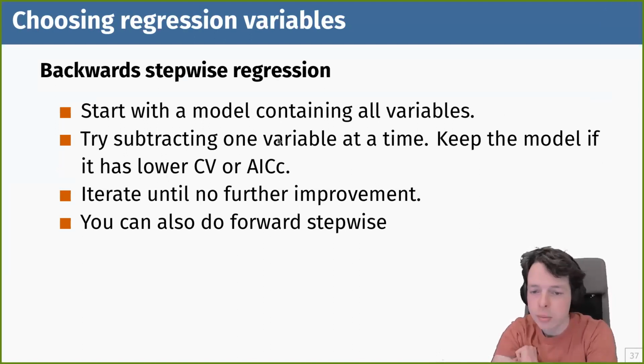So you can start with a model with all of the regressors and just remove one variable at a time to see if it produces a better CV or AICc. And when you can't remove any more variables without worsening the model, you've got a simple but good model.